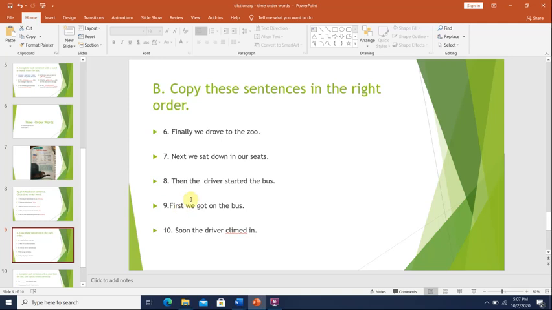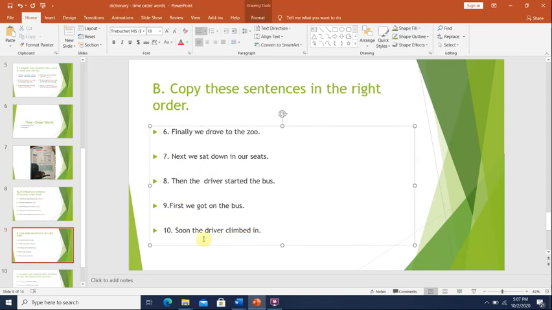Also, here we know that next and then are usually used in the middle of the paragraph or in the middle of the details. First, we usually use in the beginning. Soon, the driver climbed in.